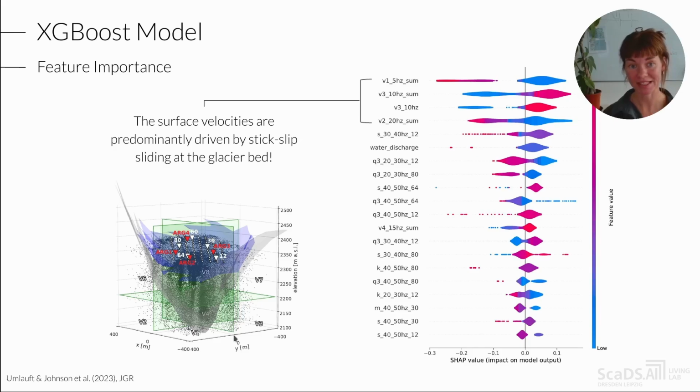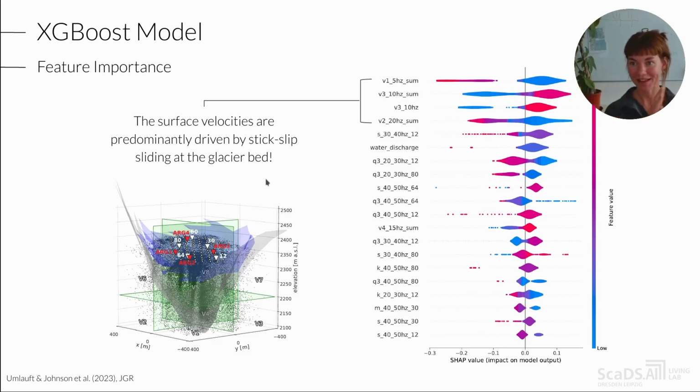So what this tells us, and this is really exciting for us, is that the activity at the glacier bed is most important for the actual sliding velocity on top of the ice, here measured at these red triangles.